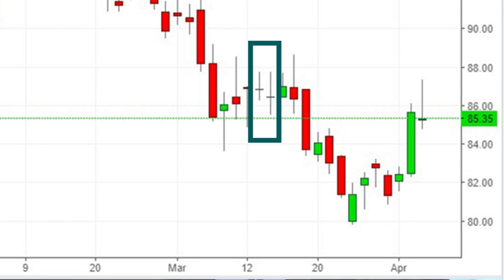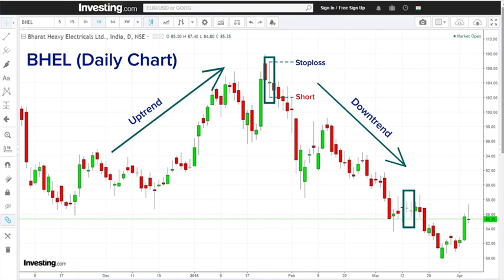So a doji doesn't necessarily mean that the price would halt for long or that the price would reverse. When we see a doji, we have to understand that the price would not necessarily reverse, or the consolidation may last for a long or short amount of time, depending on a case-to-case basis.